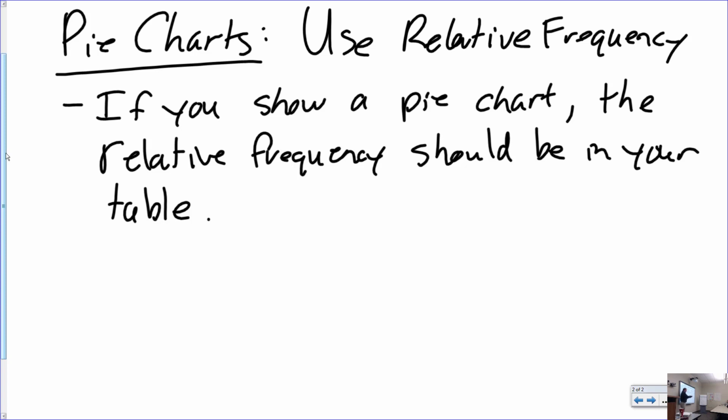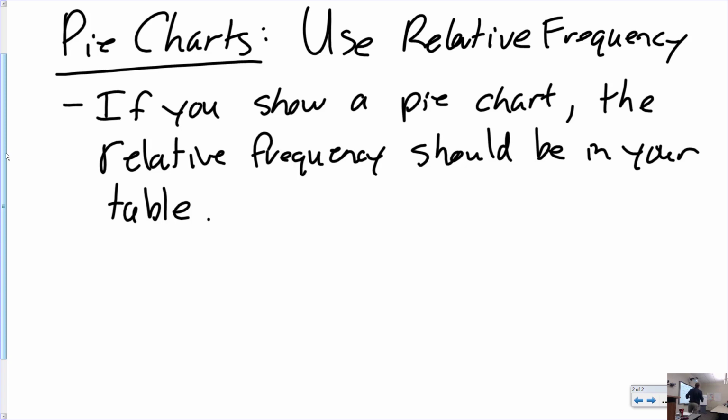So all of that midpoints and class boundary stuff, not necessary, because you're not actually using it in any other part of the actual paper. So if you're not using a piece of information, you don't necessarily have to show it. You still can, it's just you don't have to, okay?